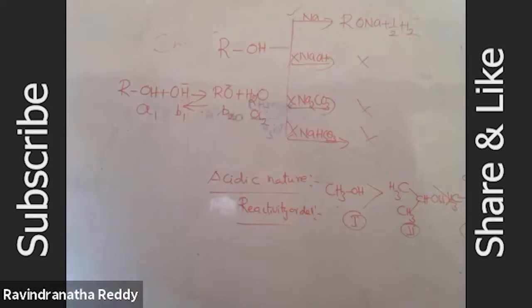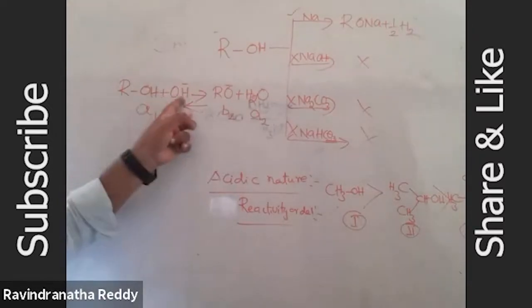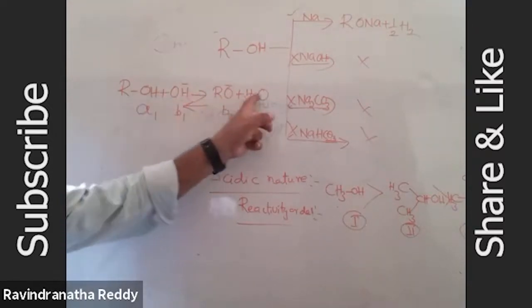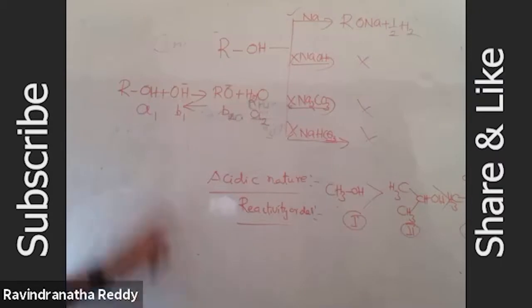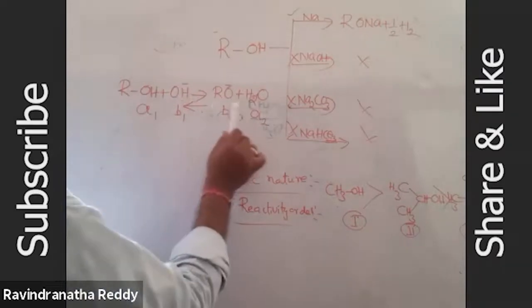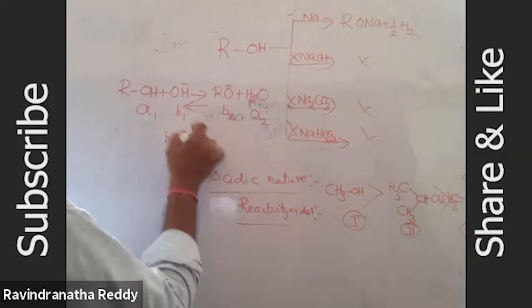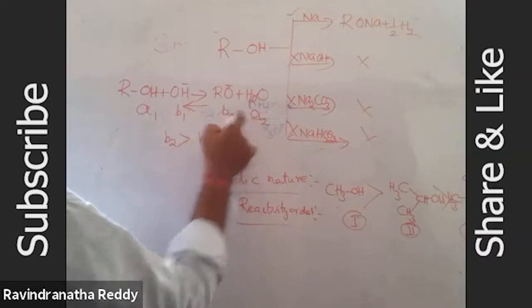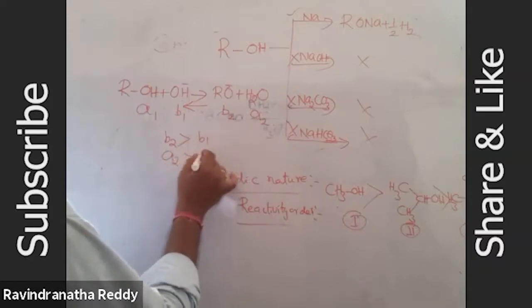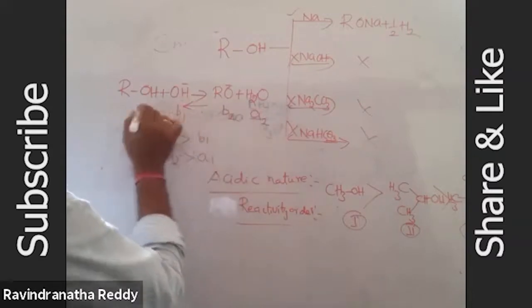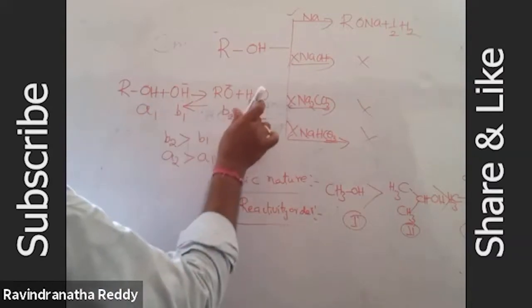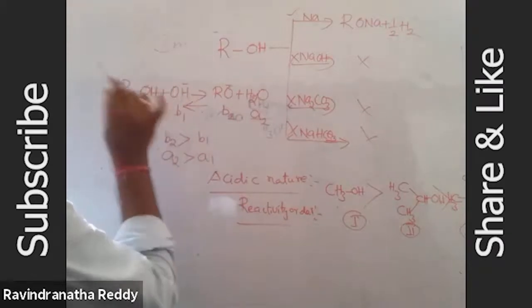So here, suppose alcohol and sodium hydroxide are there. We have to get RO minus and H2O. So the forward reaction is not possible. What is the reason? The basic power of B2 is greater than the basic power of B1, and the A2 power is greater than that of A1. The acidic nature of H2O is greater than that of alcohol.